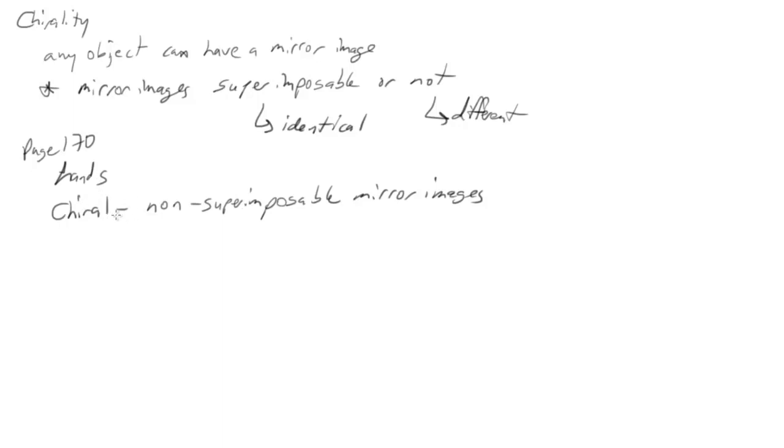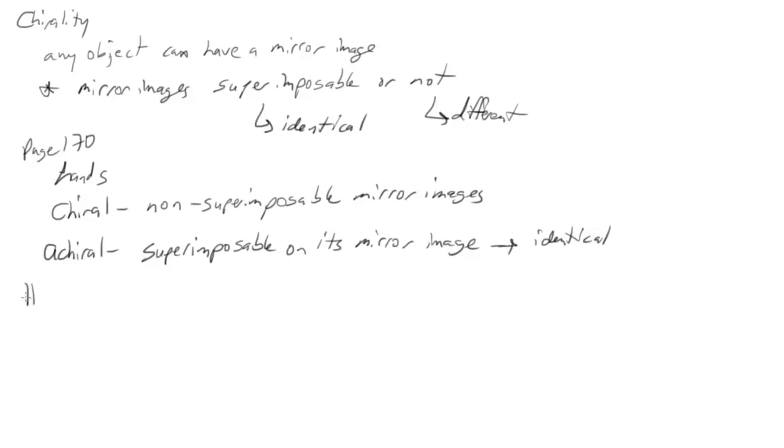So if you switched your left sock with your right sock, it wouldn't make much difference for most people. So then the opposite of chiral is achiral. Achiral is a molecular object that is superimposable on its mirror image. Again, that means that those two mirror images are identical.